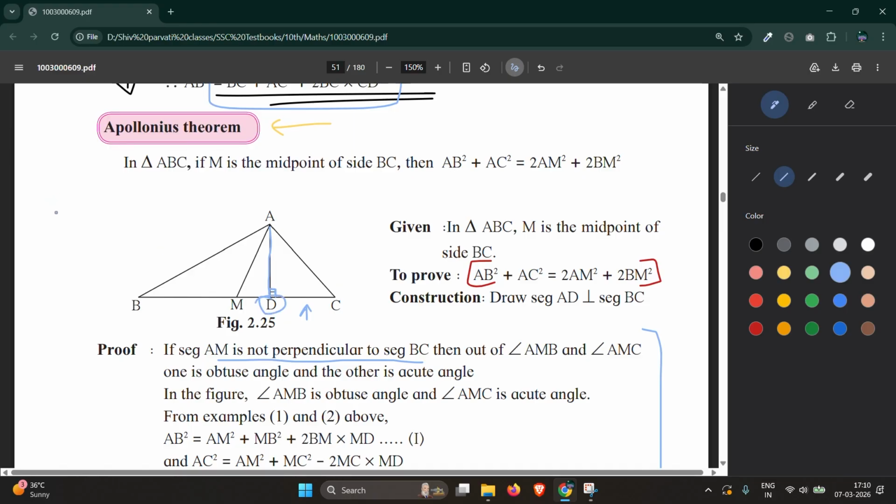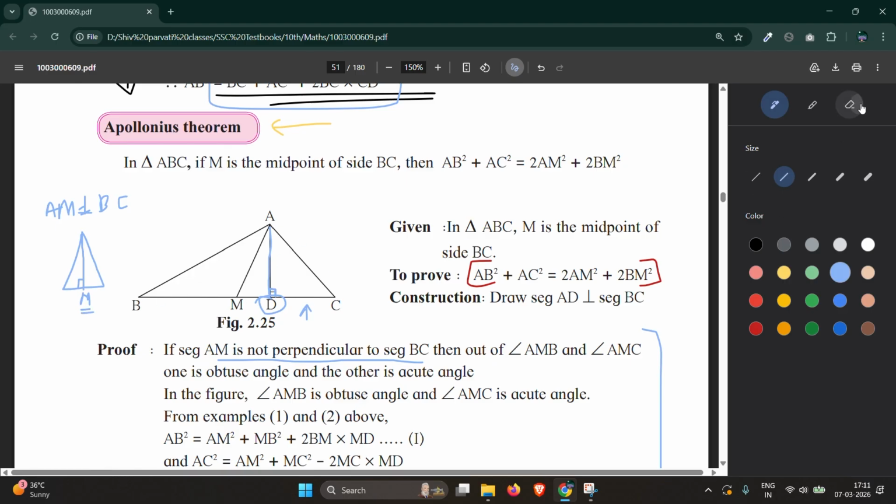There is also a case where AM can be perpendicular to BC, and in that case the triangle would look something like this. This line itself will be perpendicular, and this point M itself would be the midpoint.